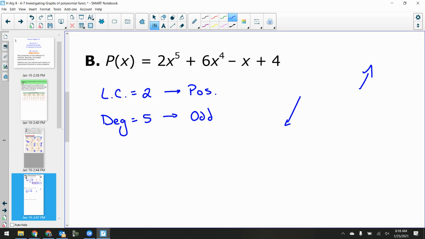So we say the end behavior is as x goes to the left, as x approaches negative infinity, p of x goes to, okay, on the left side it's going downward, right? So it's going to go to negative infinity.